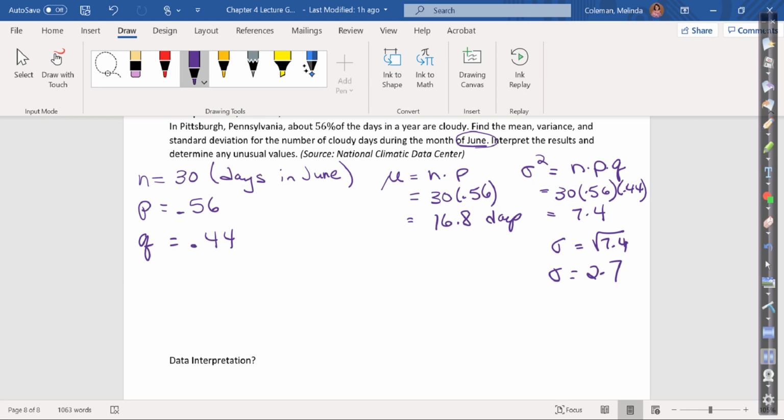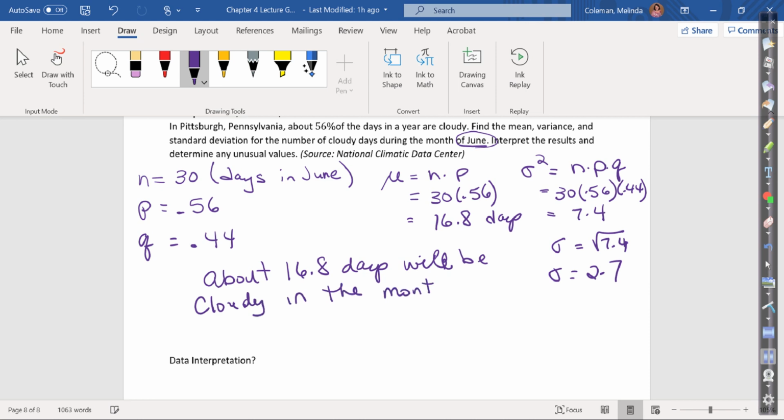So what does this mean? It means in the month of June, about 16.8 days will be cloudy in Pittsburgh, Pennsylvania.